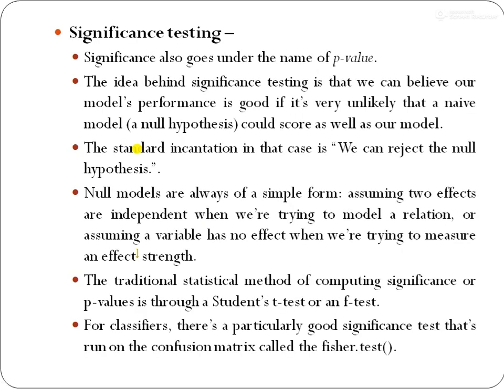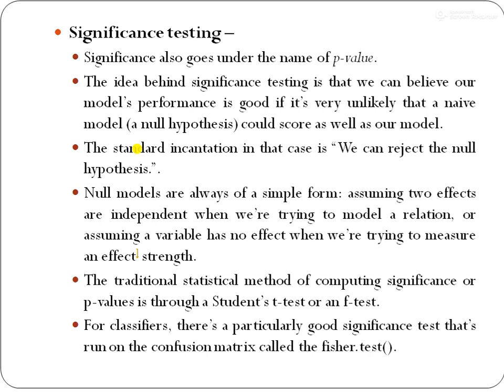The next method is significance testing. It is also known as p-value. So the idea behind significance testing is that we can believe our model's performance is good if it is unlikely that a naive model or a null hypothesis could score as well as our model. That means we have a null hypothesis stating that the two effects are independent when we are trying to model a relation, or that a variable has no effect on another when we are trying to measure an effect strength.